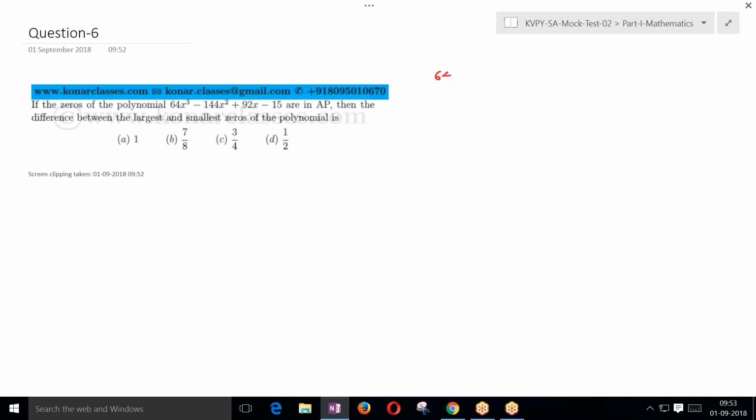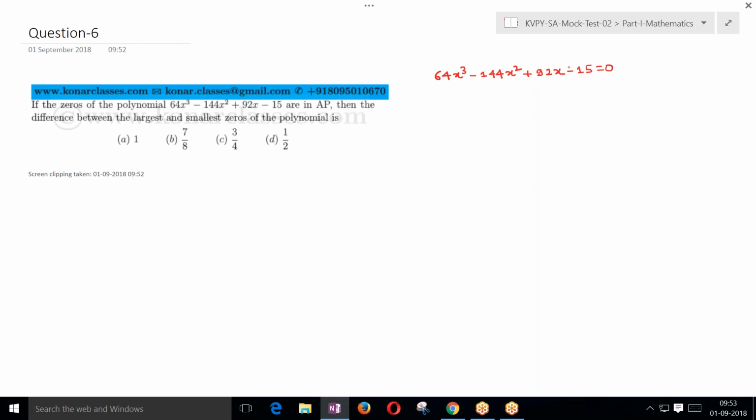So the equation is 64x cube minus 144x square plus 92x minus 15 equal to 0.